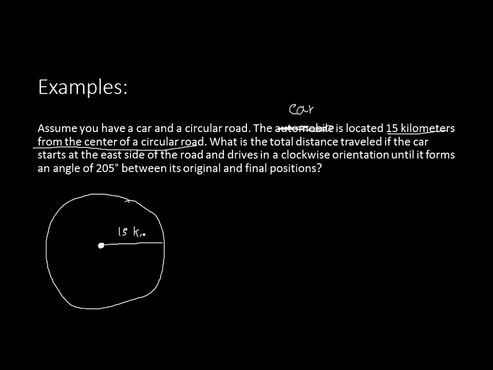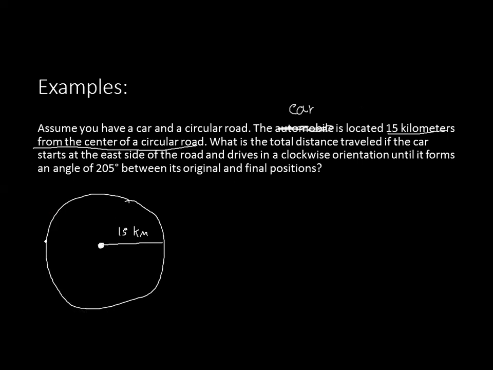Remember, if you're talking about the distance between an endpoint and the center, that means it is a radius. So 15 kilometers from the center means your radius is 15 kilometers in length.